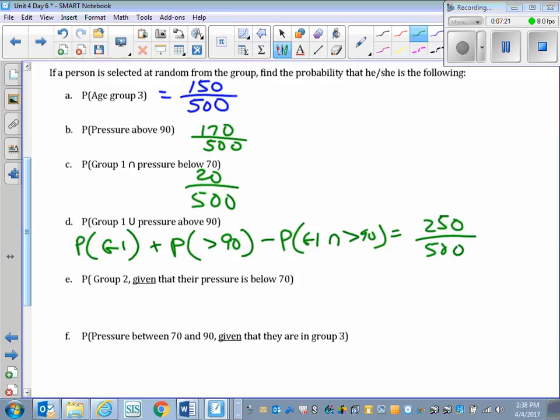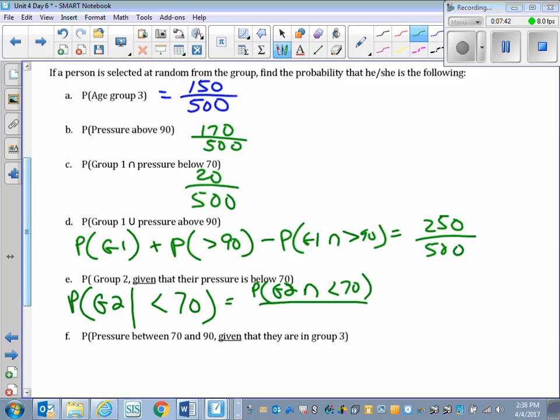Now E gives us our conditional probability. So we want the probability that they're in group 2 given that their pressure is less than 70. So we're going to take the probability of being in group 2 and pressure is less than 70 and divide that by the probability that their pressure is below 70.